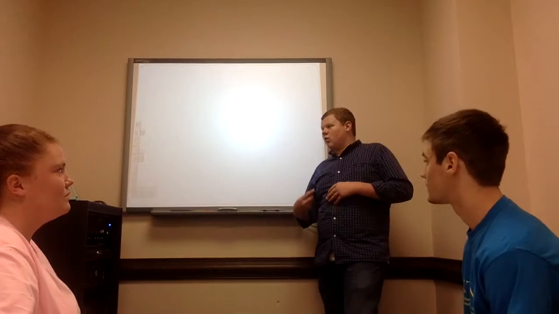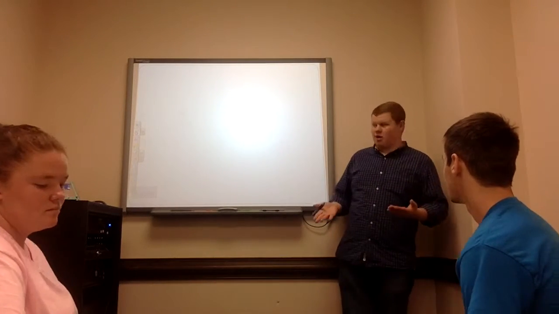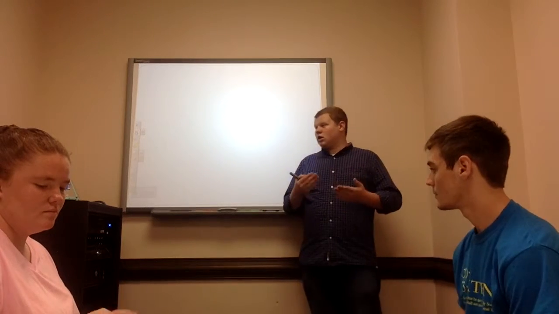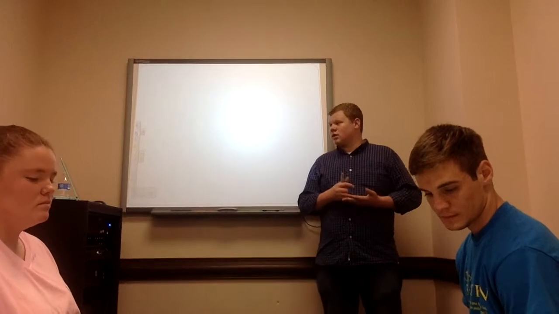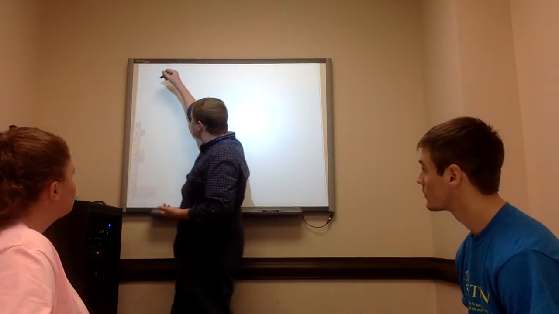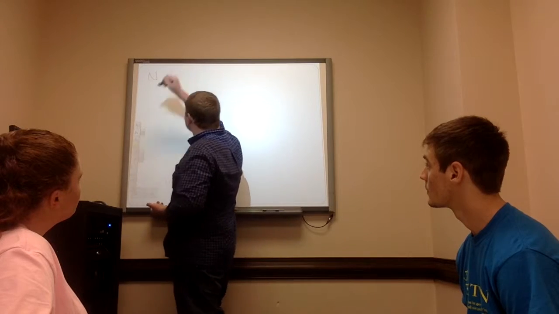To determine an empirical formula, which you all will have to do today in the lab, we're going to say that we determine a ratio for a lab that is composed of nitrogen and hydrogen.